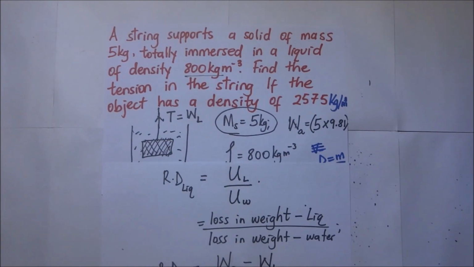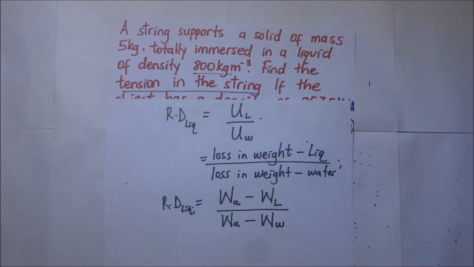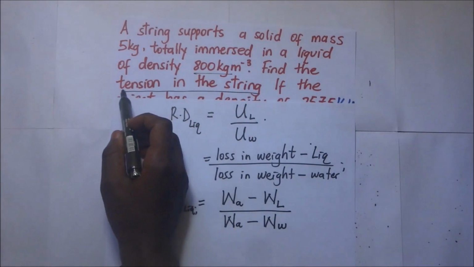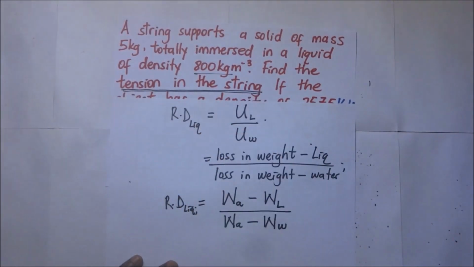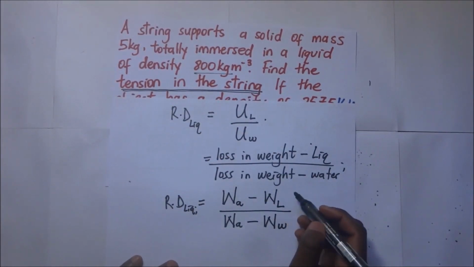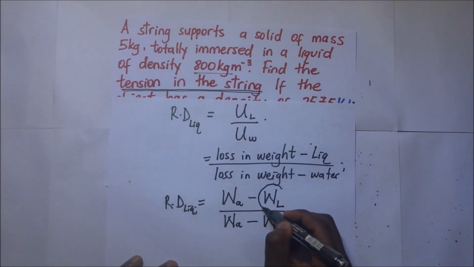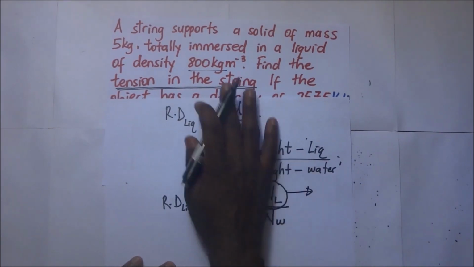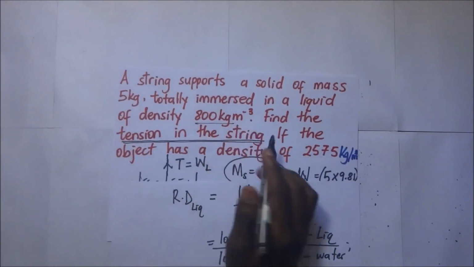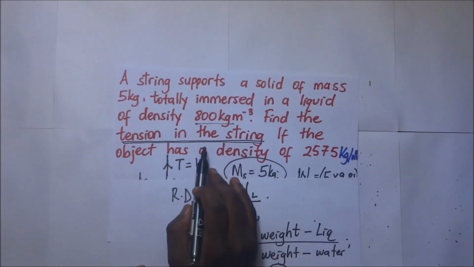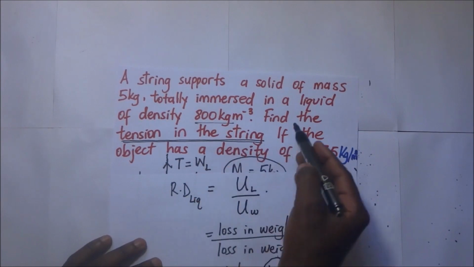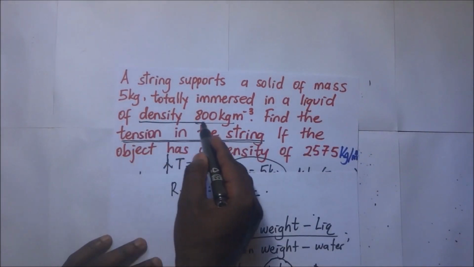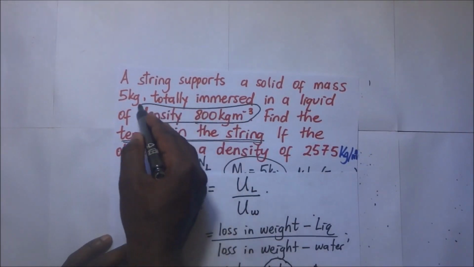Now, right here, if you look at that formula, the question requires us to find the tension in the string. And the tension in the string is the same as the weight of that solid when it is in the liquid. In this case, our liquid we are talking about is a liquid of density 800 kilograms per meter cubed.